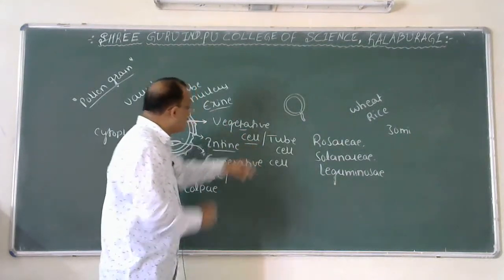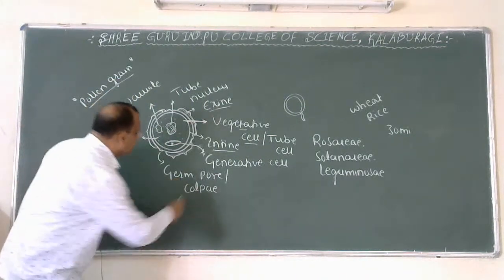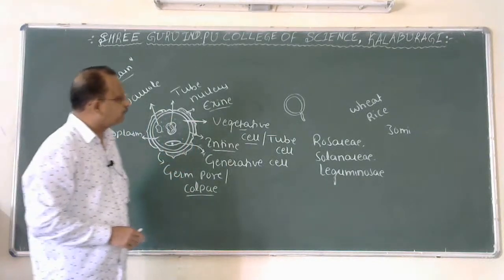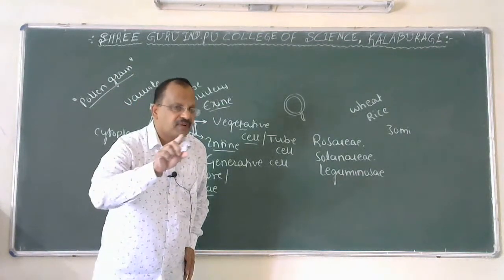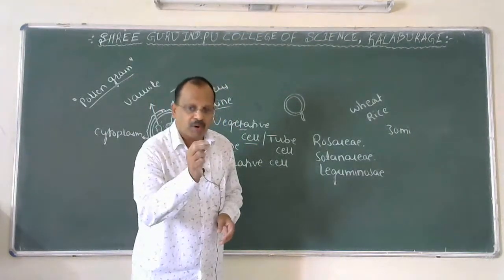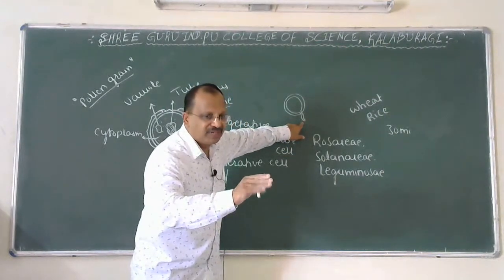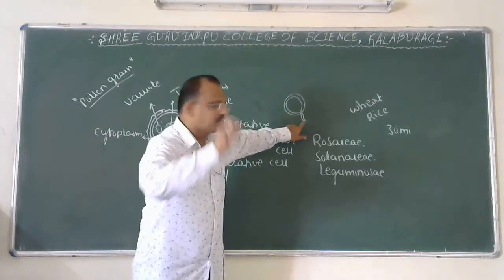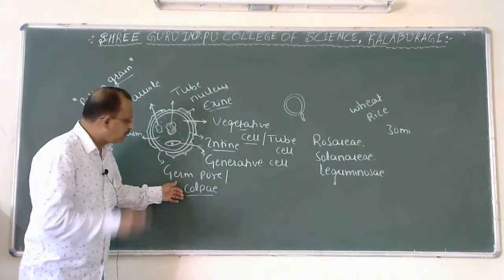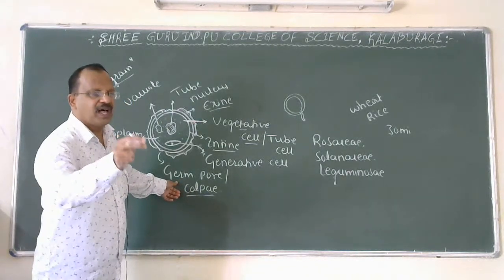This pollen tube comes out through the thin places present on the exine known as germ pores. Please remember, the germ pore is the place where sporopollenin is absent.